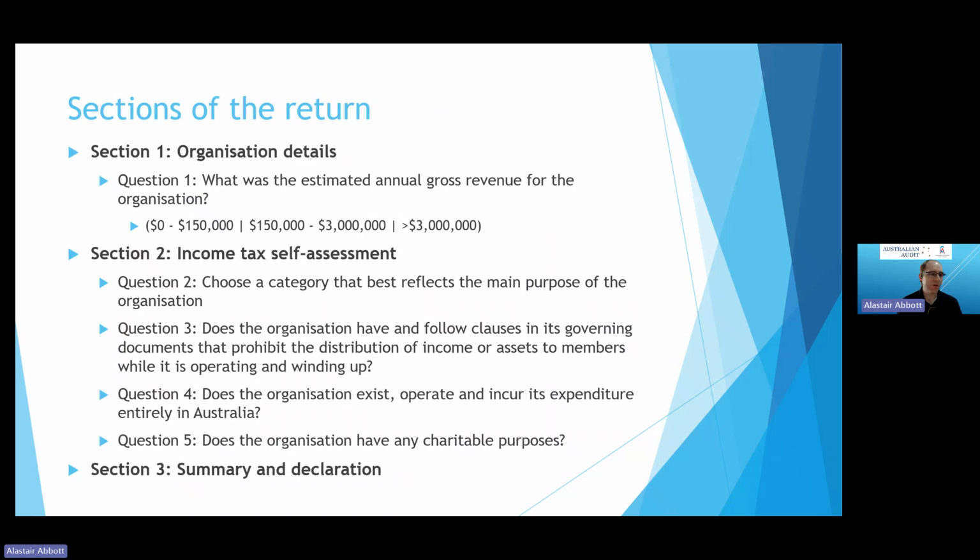But essentially that first question about organisation details is going to ask you, what's your estimated annual revenue? And you just need to choose between, are you in the 0 to 150,000 a year group, 150,000 to 3 million, or above 3 million. So it's not even asking you exactly what your turnover is or what your expenditure is, what your profit. It's just asking you for that category of small, medium, large.